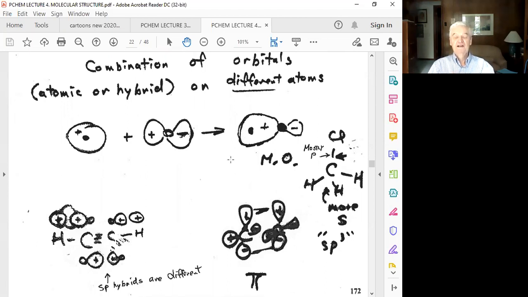And I also wanted to emphasize how stories about sp3 hybrids, sp2 hybrids, and so on tend to fall apart when you get very different atoms. So my favorite example is methyl chloride. Methane with all hydrogens, all the bonds are equal, and each one has 1/4 contribution from an s orbital, 3/4 from p orbitals.